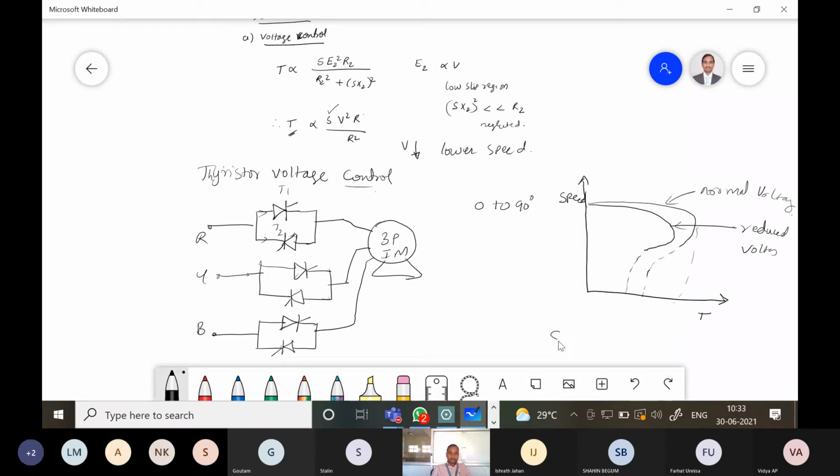So this is the speed control characteristics, the speed torque control characteristics for the motor using the voltage control method.